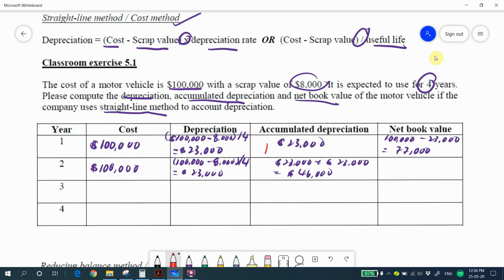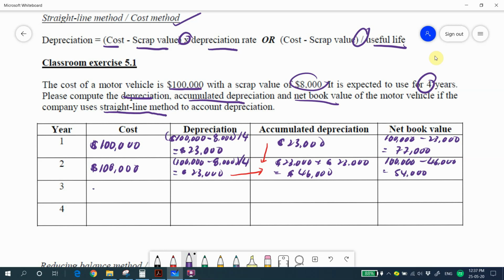We use last year's accumulated depreciation plus this year's depreciation, so we get the total accumulated depreciation for year 2. And your net book value will become 100,000 minus 46,000 to get 54,000.